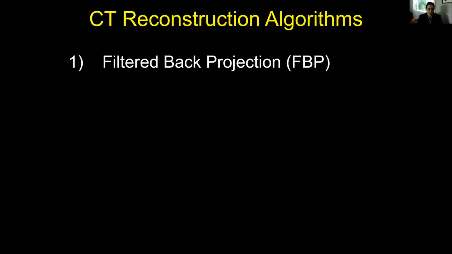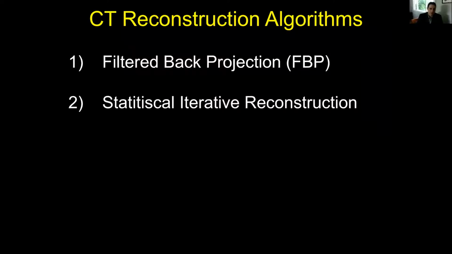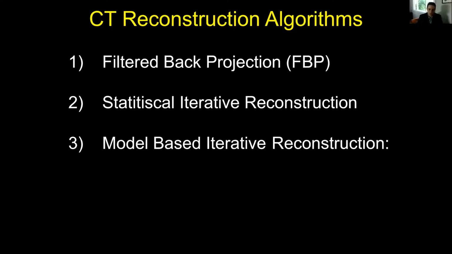So there's a few reconstruction algorithms out there. The oldest and simplest is so-called filtered back projection, FBP. The second, more recent and fancier, is statistical iterative reconstruction. It's going to give you better pictures, requires fancier software. And the most recent out there is something called model-based iterative reconstruction.